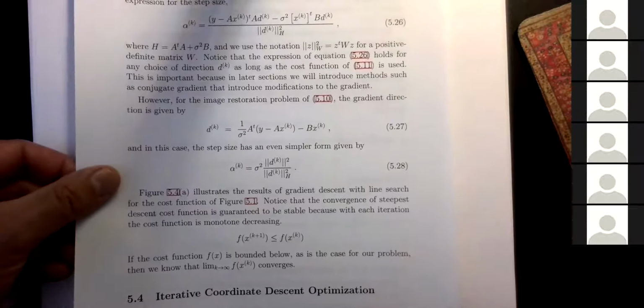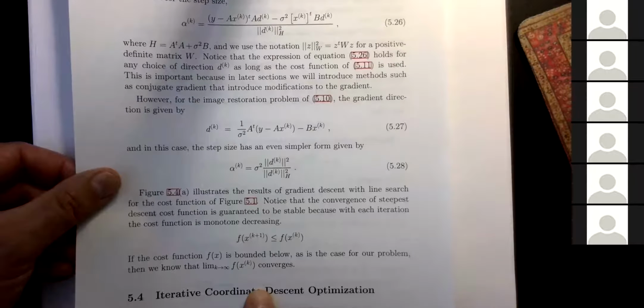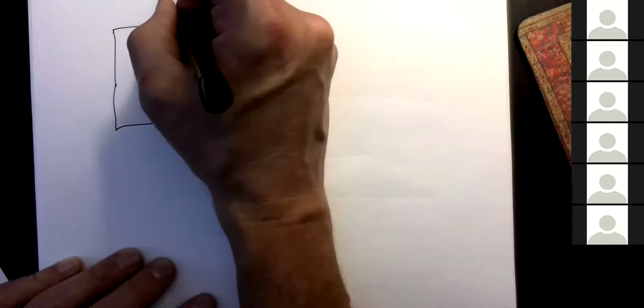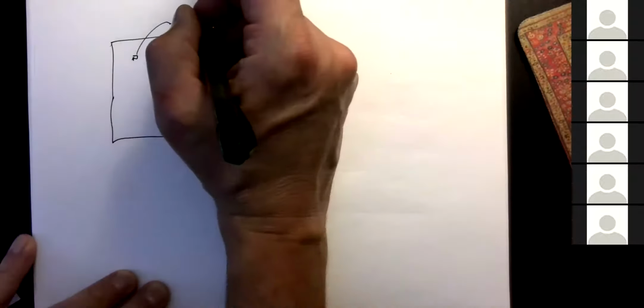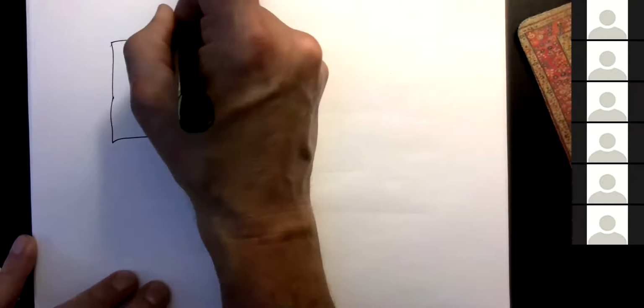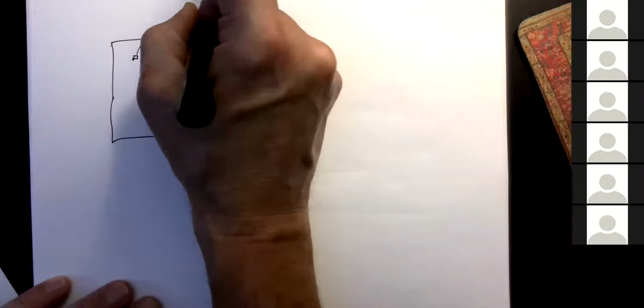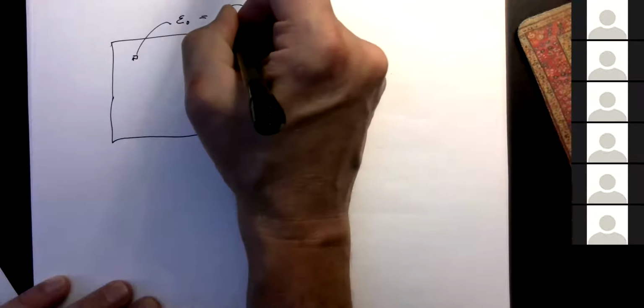Iterative coordinate descent. This is different. In iterative coordinate descent, the idea is that you pick one pixel at a time. So you have one pixel. Yep, this is the image. You take one pixel. The image associated with just that one pixel being on, I write as E sub s.